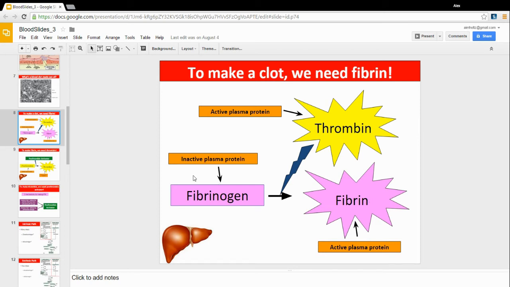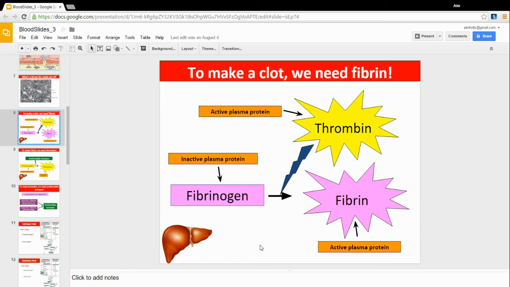Fibrin is made from a precursor, an inactive version called fibrinogen. So you always have fibrinogen in your blood. Fibrinogen is made by the liver. When in doubt, if I ask you what makes something, and you're like, I got no idea, guess the liver. Okay, so fibrinogen is always in your blood. When you need to make a clot, fibrinogen is converted into fibrin. Fibrin forms a web, a mesh, traps formed elements, and we get a clot.